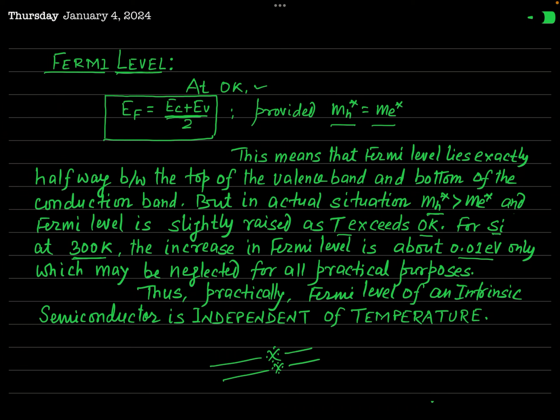But in actual sense, Mh star is not equal to Me star. So at higher temperature, this result is not valid, and we can say that the Fermi level then will not lie exactly midway between the valence band and the conduction band. Okay, thank you very much.